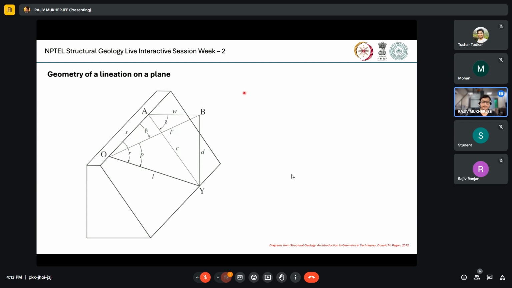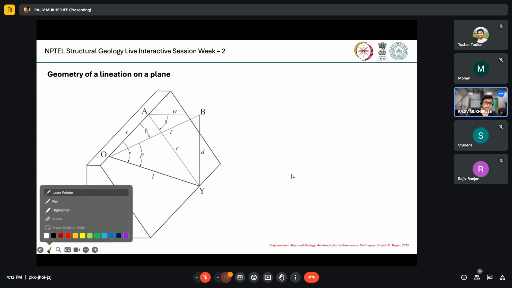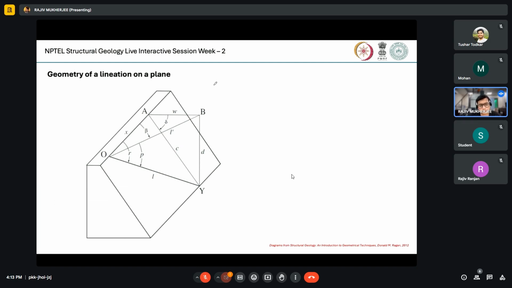Let me switch to the pen mode. This is an inclined plane, and from week 2's lecture we already know that to define a plane, we need two data: the strike of the plane, and the dip amount and the dip direction of the plane. Once you know the strike of the plane, you can easily derive the dip direction using the right hand rule.